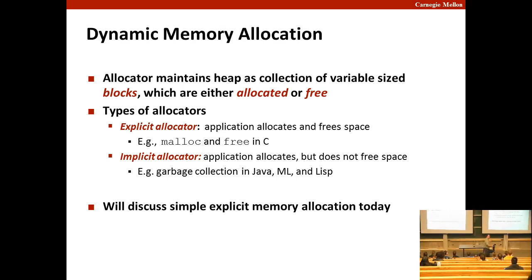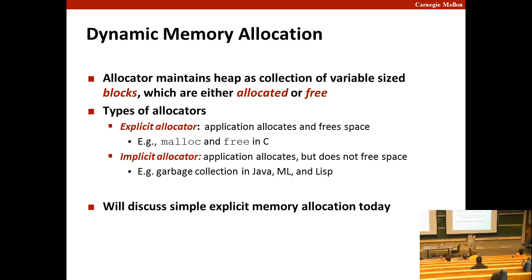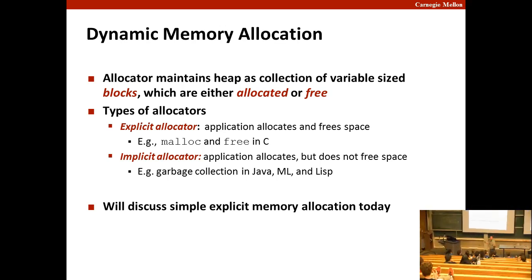Now, if you've worked in a language like Python, Ruby, or Java, you had dynamic memory. You can create objects when you wanted them, but you didn't have to do anything magical to do that. You just asked for a new object and got one. When you were done, somehow it magically went away. In C, it's an explicit allocator, where we explicitly ask when we want something new, and we explicitly ask when we want to give it back.